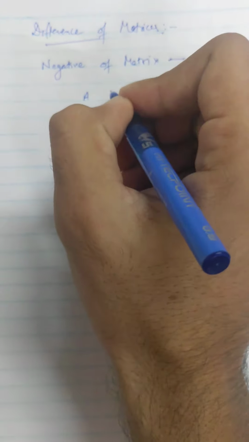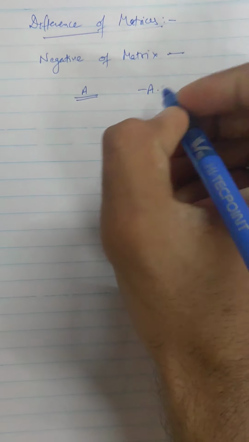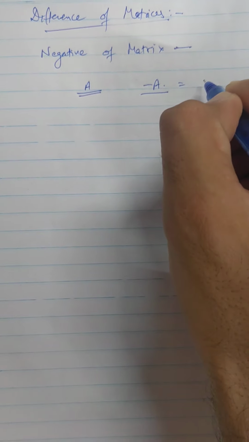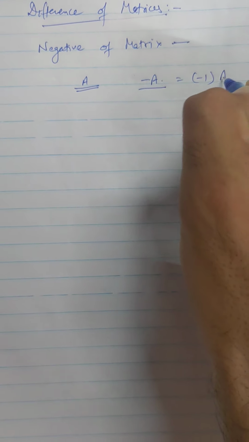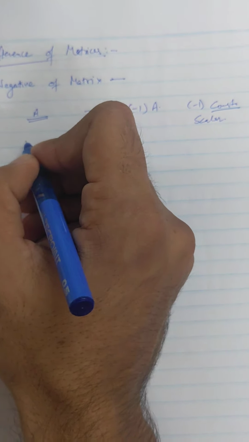Suppose there is a matrix A, then the negative of A will be denoted as minus A. Okay, and what is minus A? Minus A is equal to minus 1 multiplied by A, where minus 1 is a constant, that is a scalar. Okay, minus 1 is a scalar, so we can find it simply.